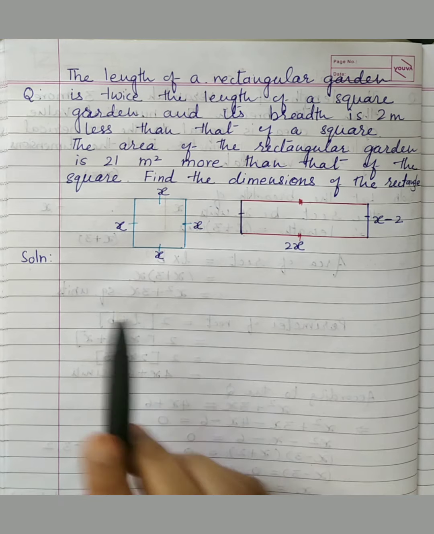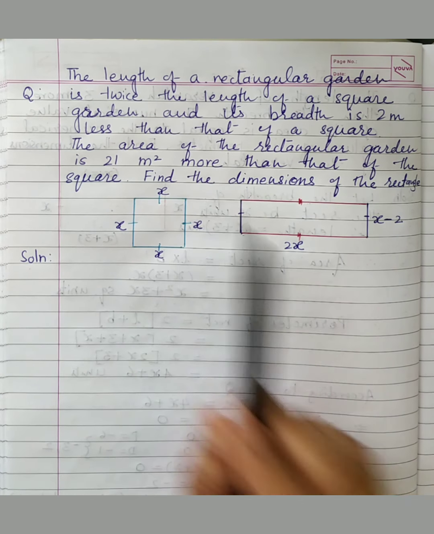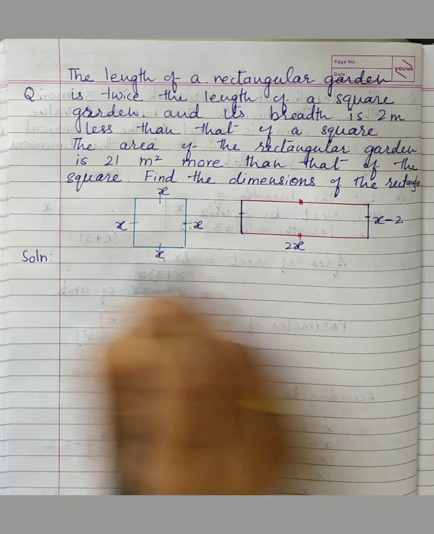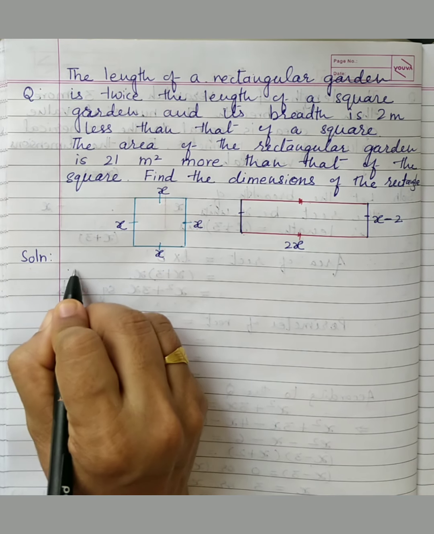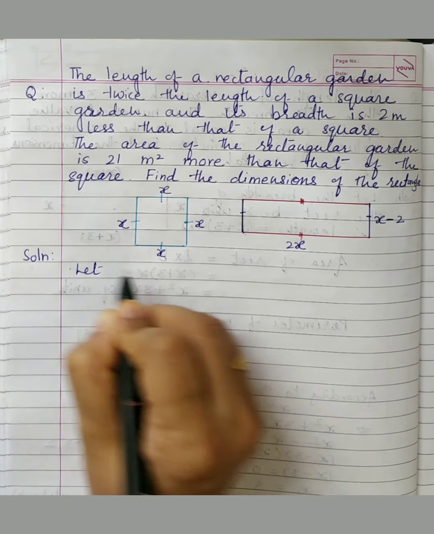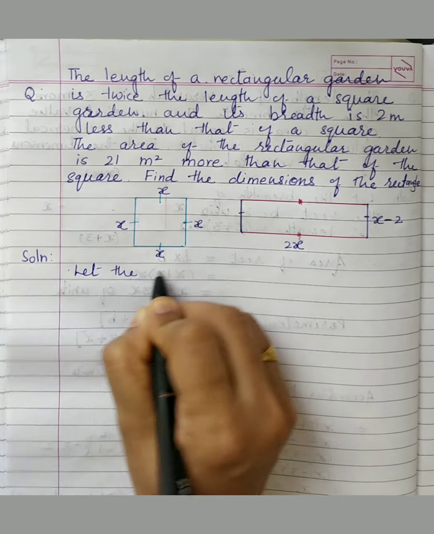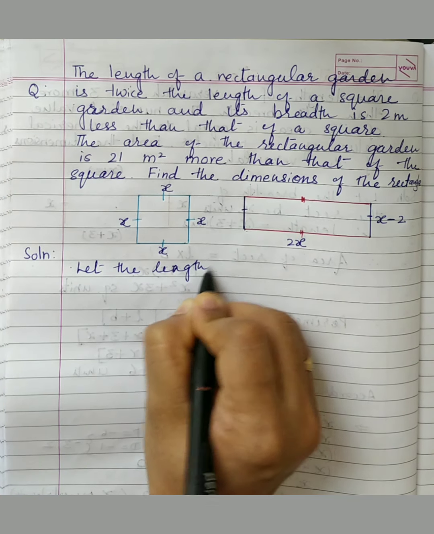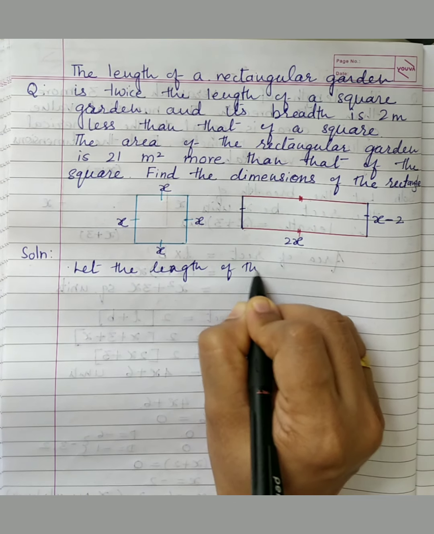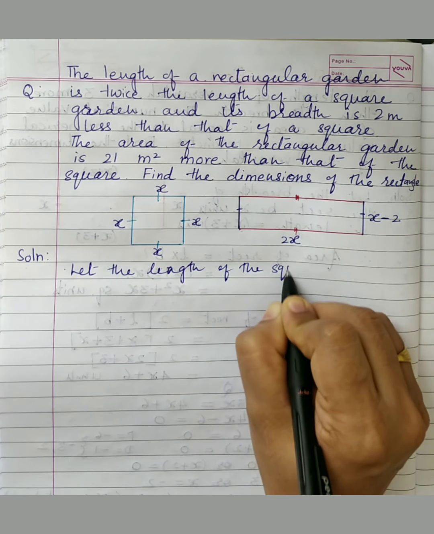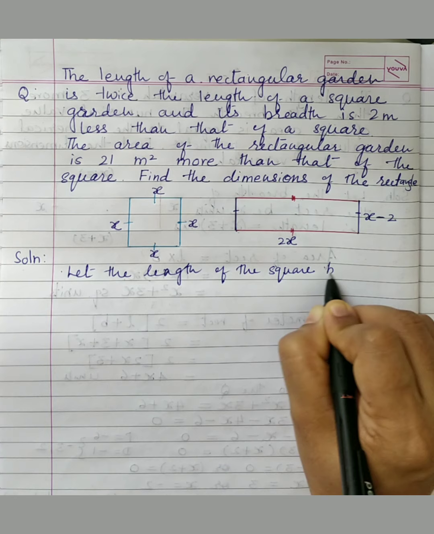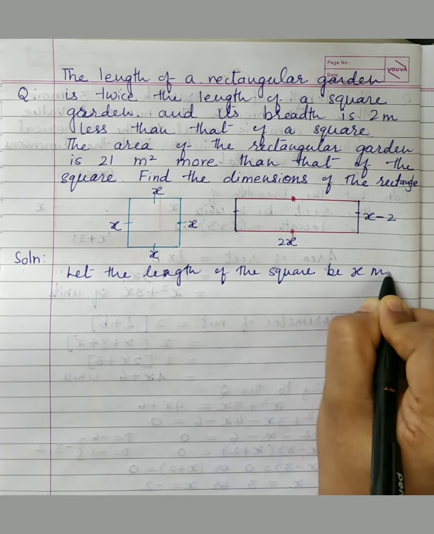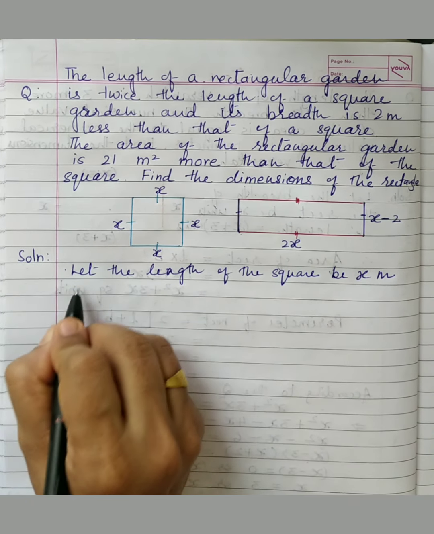Next part, first we will have to note it down. This is for your understanding. And simply you can write, let the length of the square garden be x meters. It is understood that length and breadth are everything.